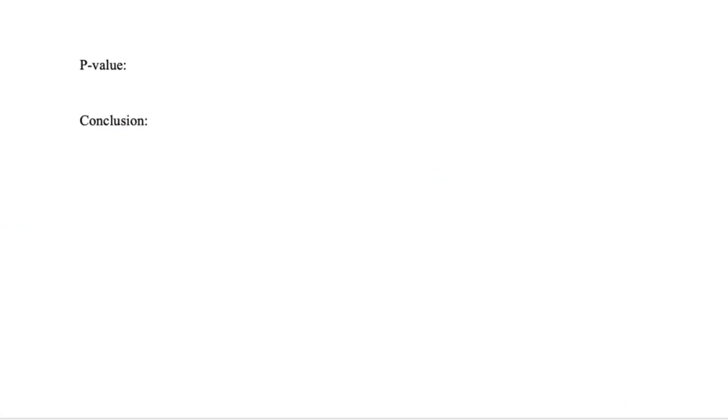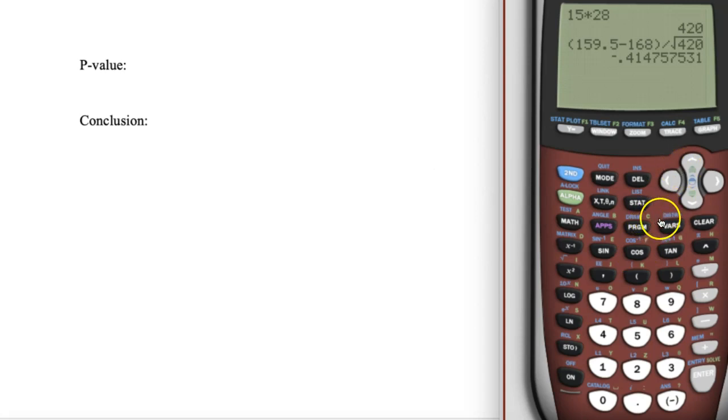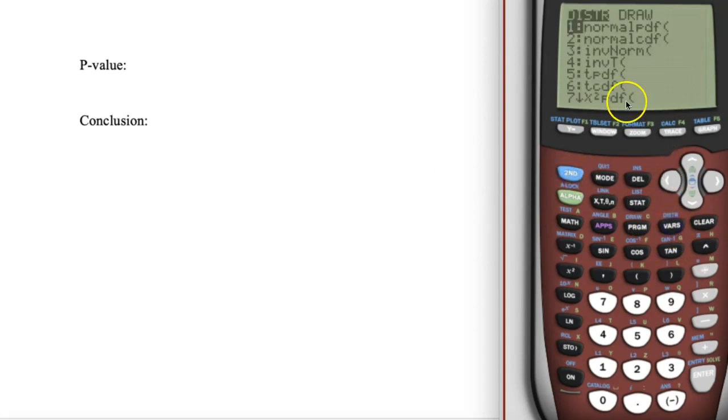And now I need to find my p-value given this z-value. And so I can use the table or I can use my calculator. And since we used that z-table this time, let's use our calculator and we can go to second vars. I can then go to normal CDF.